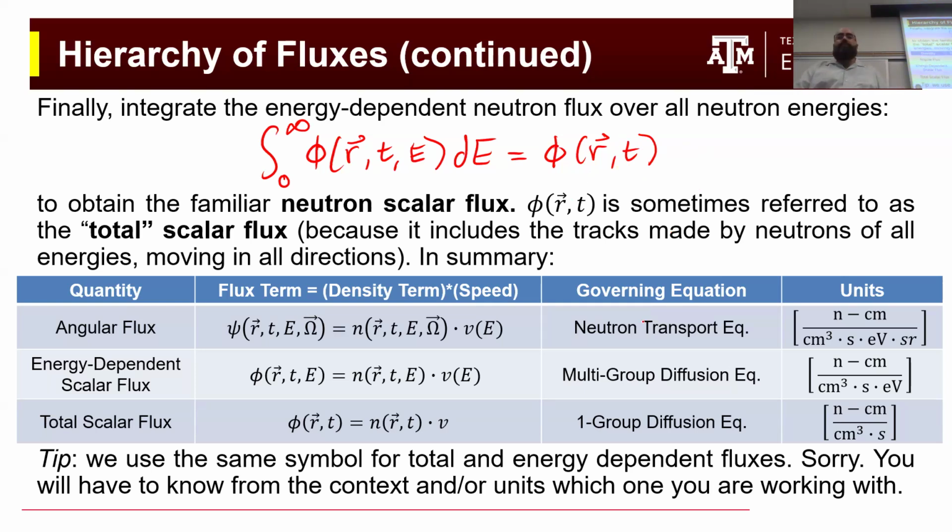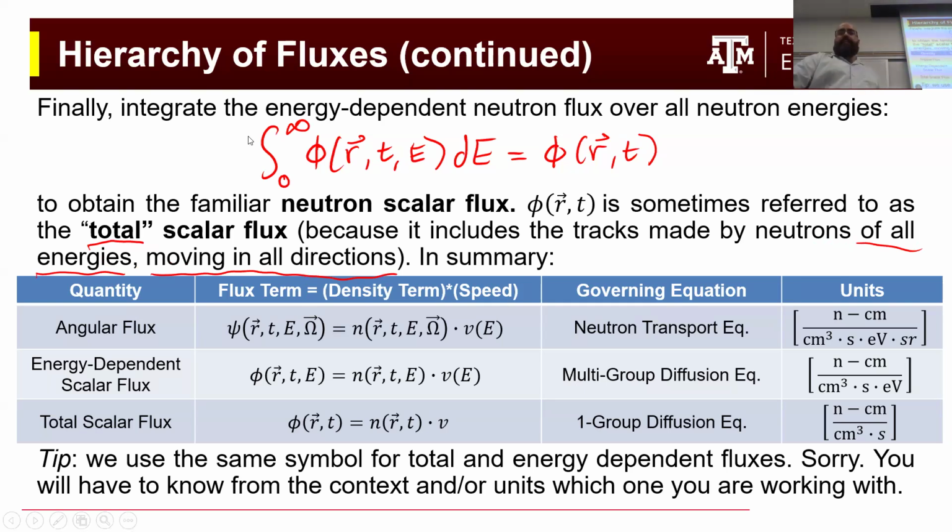And there's a lot baked into it because it comes from integrating over all directions and integrating over all energies. So when we talk about the scalar flux, sometimes it's referred to as the total flux because it is talking about the path length rate per unit volume made by neutrons of all energies that are moving in all directions.